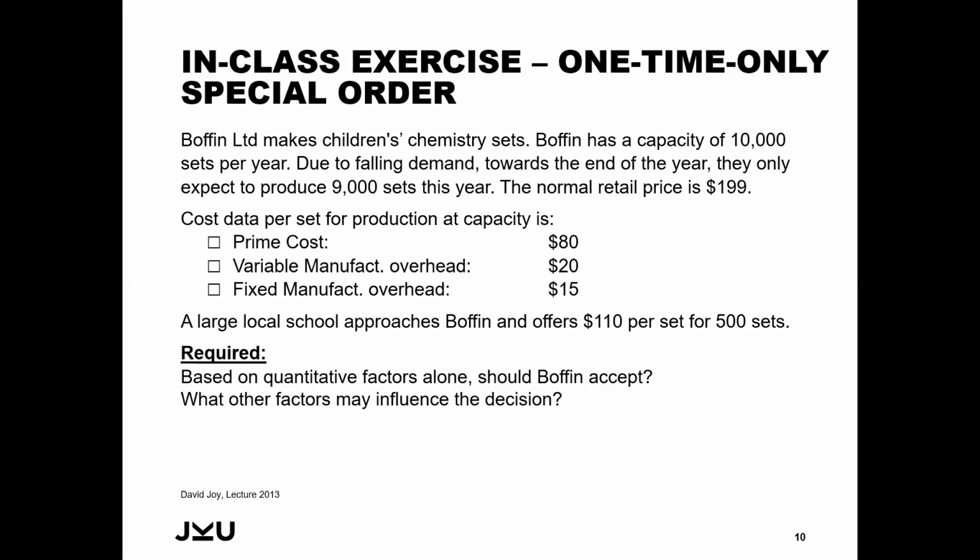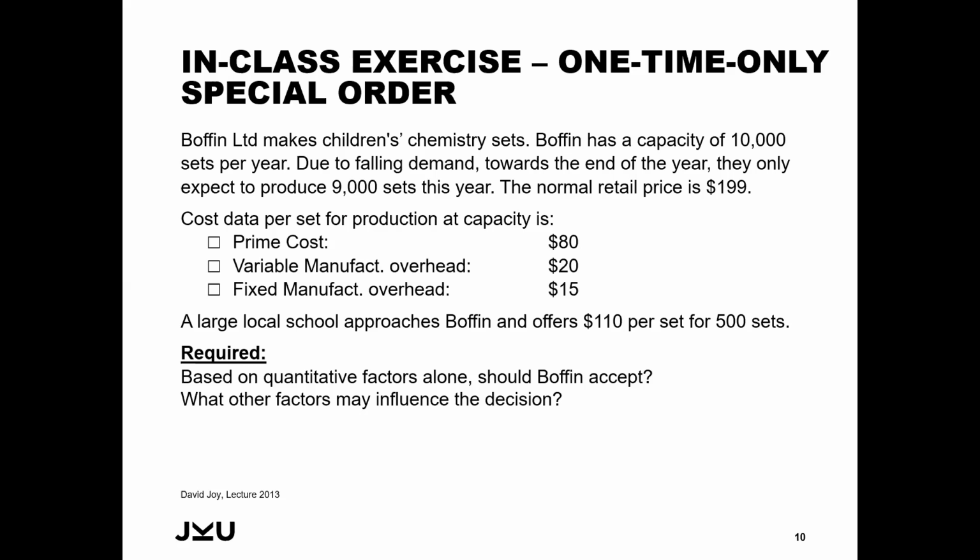The only relevant costs are the variable costs, because this is a one-time-only special order. It would be a different story on a regular basis. Then we would have to make a different deal, because we still have to cover all of our fixed costs every single year, and we don't want to ruin our reputation based on the price.